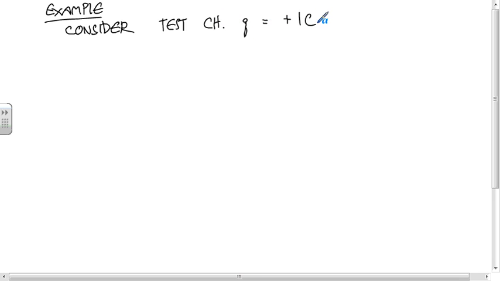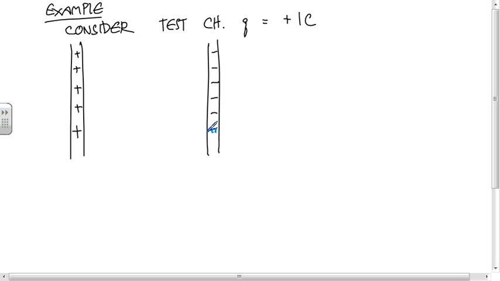Okay, so let me do an example like that. So consider a test charge of positive 1 coulomb, and let's say that we have charged parallel plates where the electric field vector is equal to 1 Newton per coulomb in the x direction, 0 in the y direction.